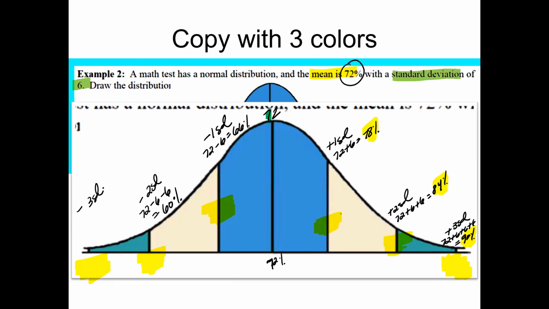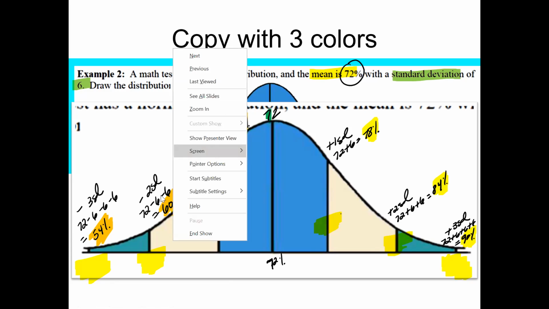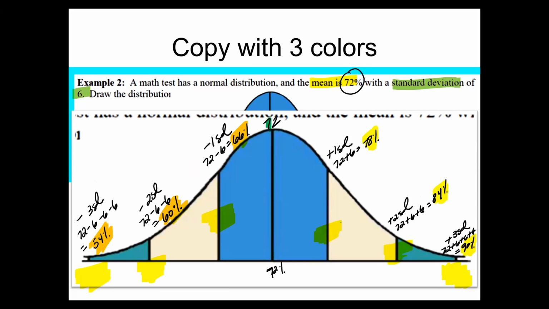Minus 3 standard deviations is 72 minus 6 minus 6 minus 6, which is a 54%. 3 standard deviations, 2 standard deviations, 1 standard deviation. So go ahead and copy that part down.